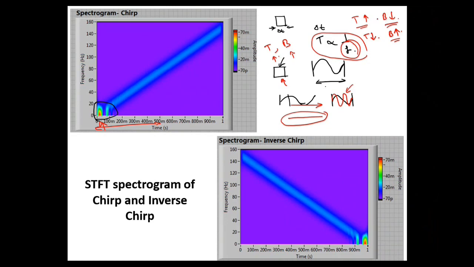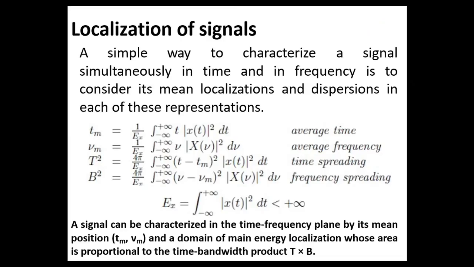But in the ideal condition, we want the resolution in both T and B to be very good, but that is not possible because time and frequency have an inverse relationship. So when you try to achieve a very good time resolution, you will lose the frequency resolution and vice versa. So due to this, we come to one important factor which is called the localization of the signals.